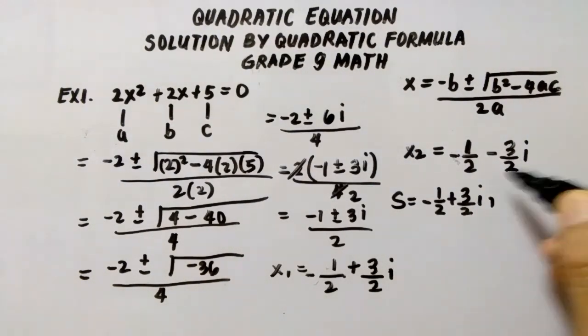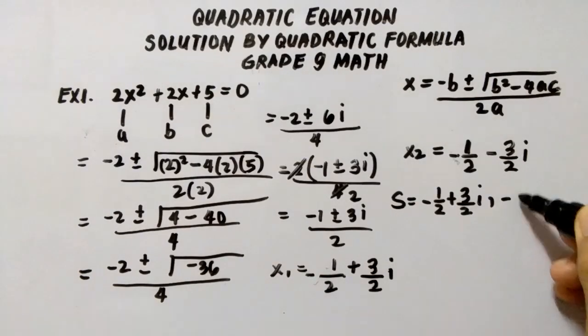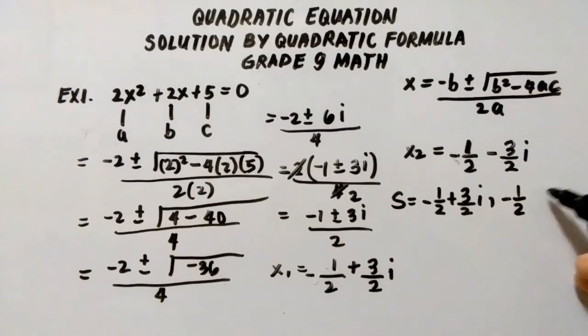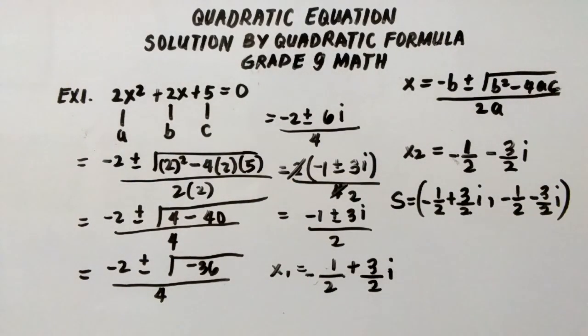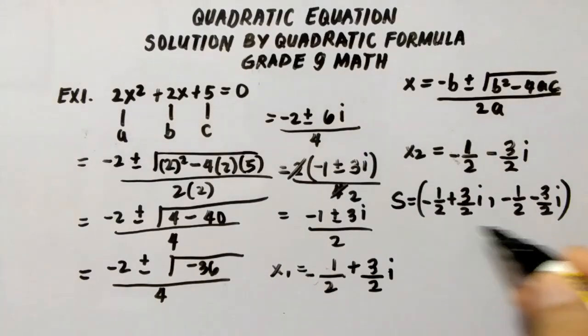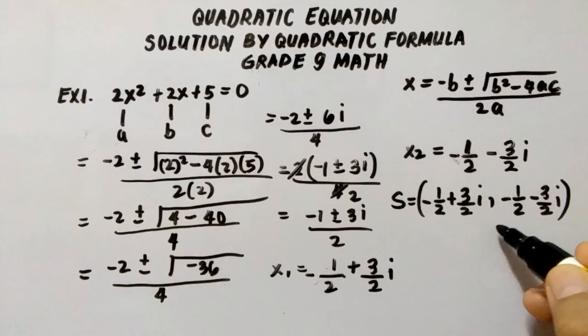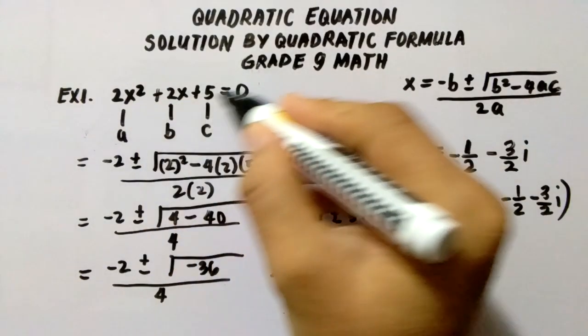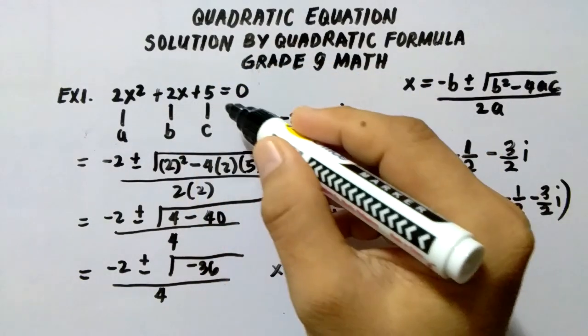Then, negative 1 half minus 3 over 2 i. Okay. So, this is the roots obtained in the given quadratic equation.